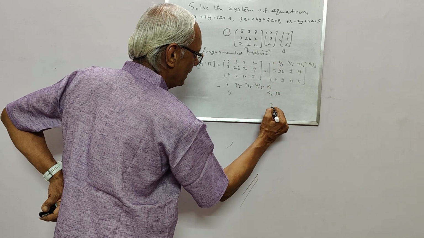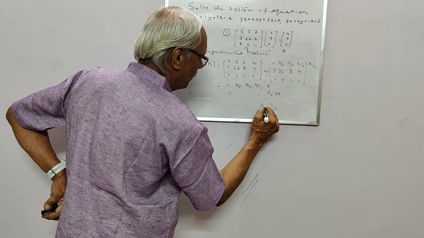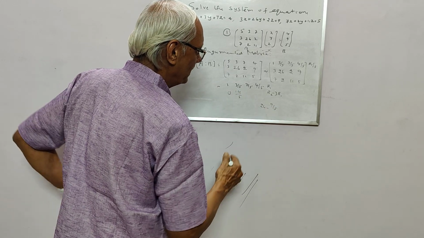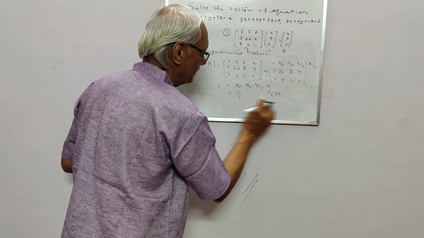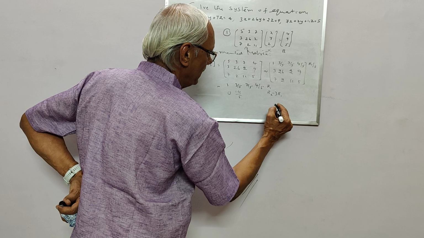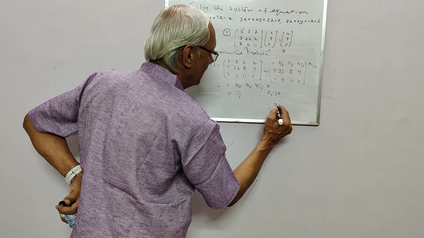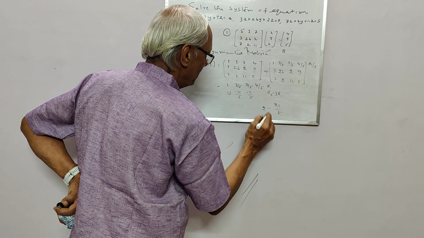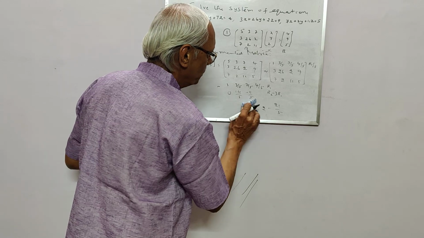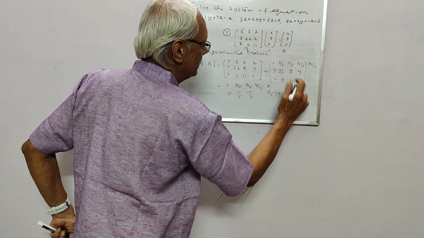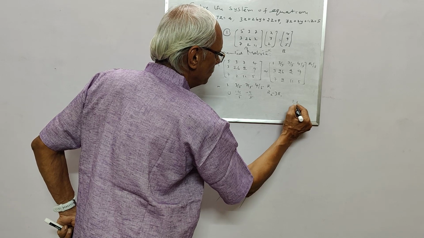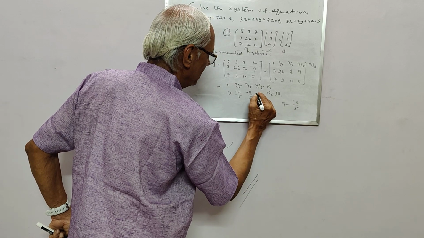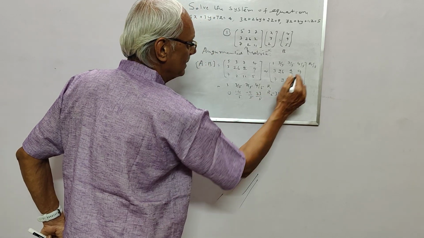Then 9 by 5 becomes 121 by 5 after simplification. Then multiply 7 by 5 by 3, so it is 21 by 5, and subtract from 2, so it is minus 11 by 5. Then multiply 4 by 5 by 3, that is 12 by 5, and take it away from 9, you get 33 by 5. So this is your second row.